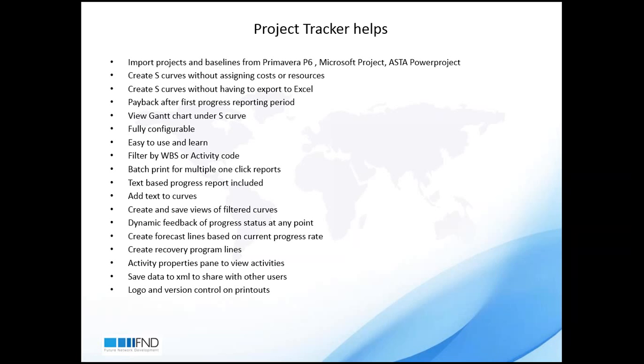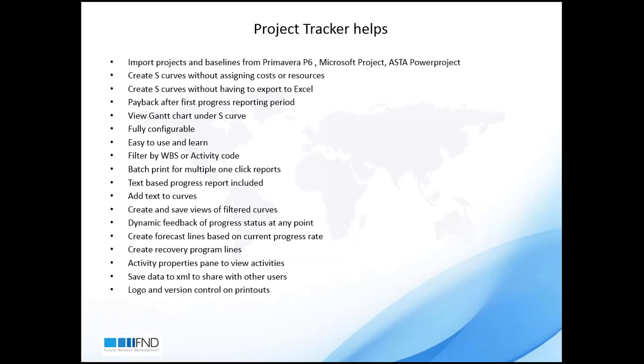We can also enter in Project Tracker recovery program lines, which means that we can say a specific date we would like to finish our project, and it will give us what our progress rate should be then. We can view all the activities coming from Primavera, MS Project or Asta Powerproject, with all the details. So we still have here all the activities with all their information.